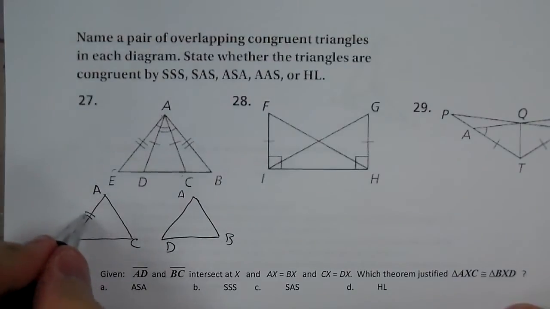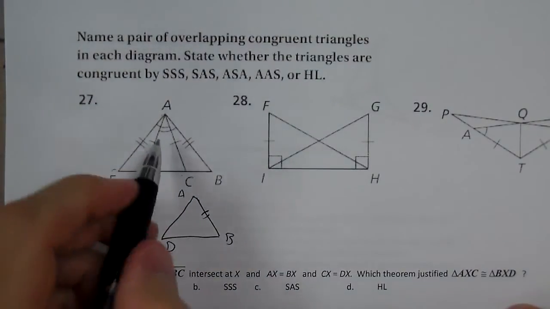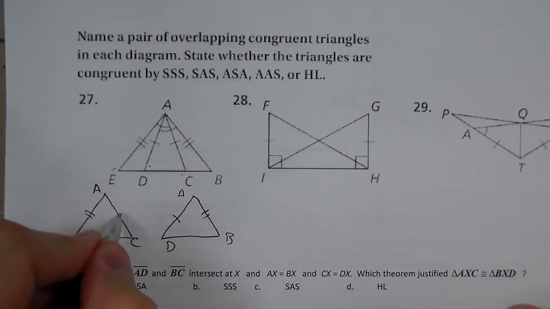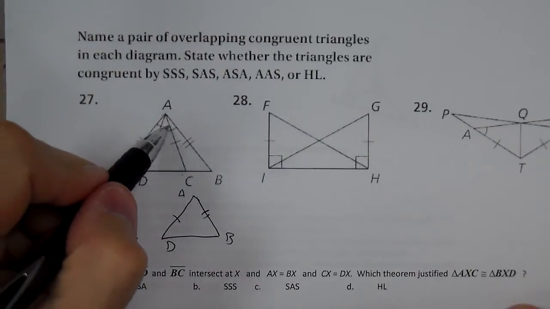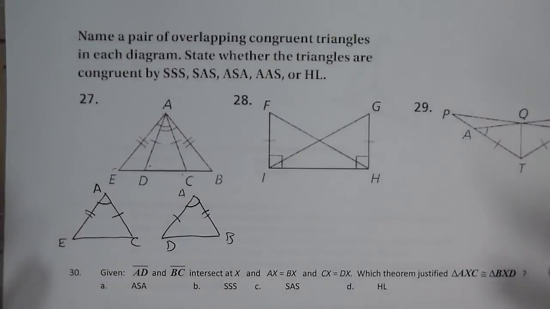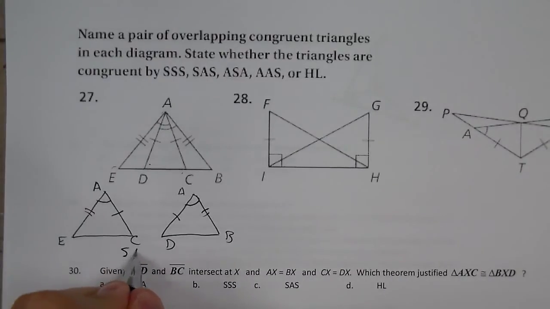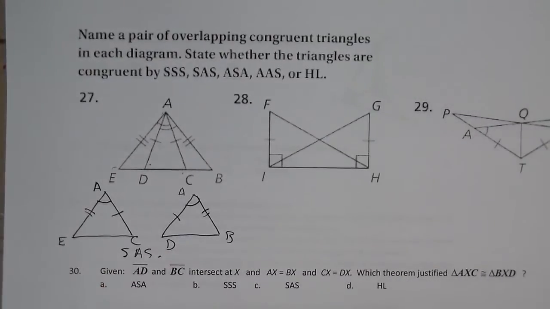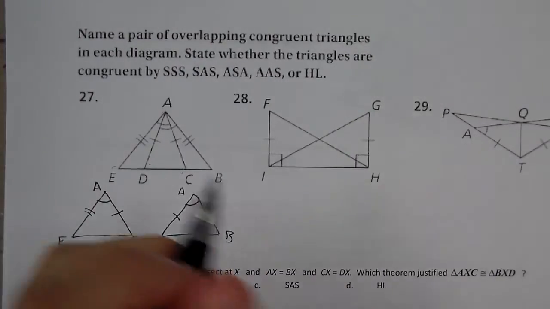I got AE is congruent to AB. I got AD, AC. I have this angle A up here is congruent to this one. So in separating them, I didn't really have an overlap like a reflexive property. There's kind of gaps between them, but this is enough here. We're going to say that it's side-angle-side congruence: two sets of sides, and the angle in between them.